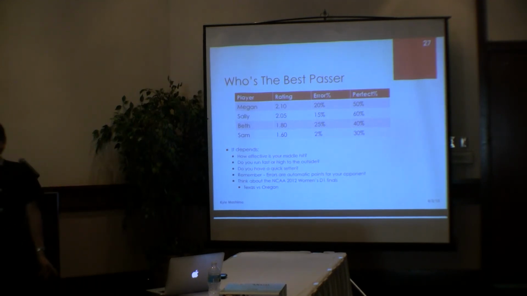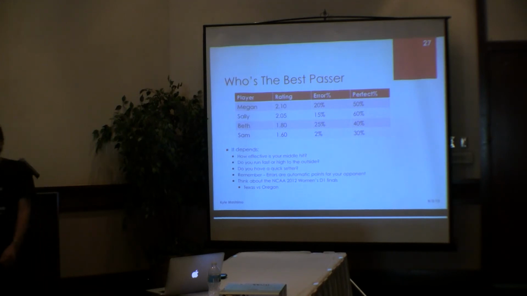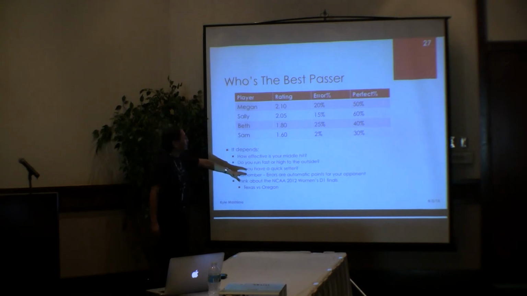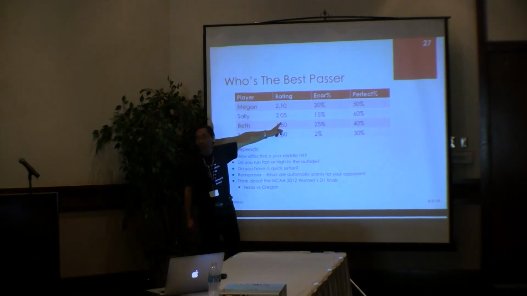Okay, we don't need accuracy, we just need height. Okay, she's going to run with the ball and chuck it out there. It's not a big technique play, right? In the case of Oregon, the best passer is Sally, because she's got a low error rate and a slightly worse pass rate. Okay?